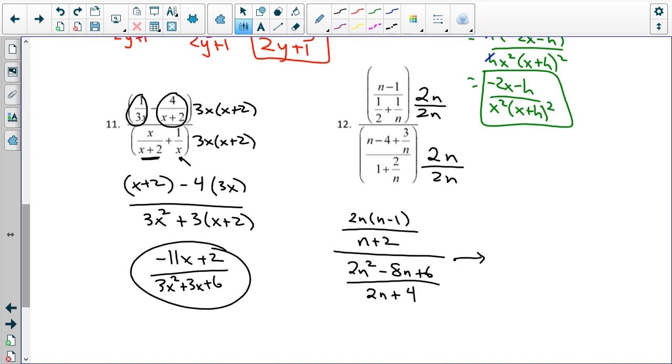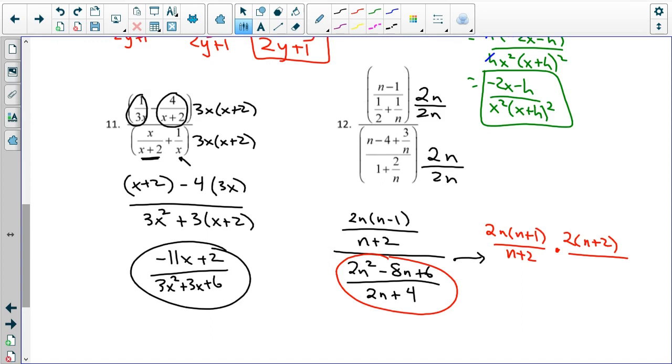And then, since I have a fraction over a fraction, I can treat this 2n times n plus 1 over n plus 2 like I'm dividing by a fraction, so I can treat it like I'm multiplying by the reciprocal. I'm going to factor 2n plus 4 into 2 times n plus 2.